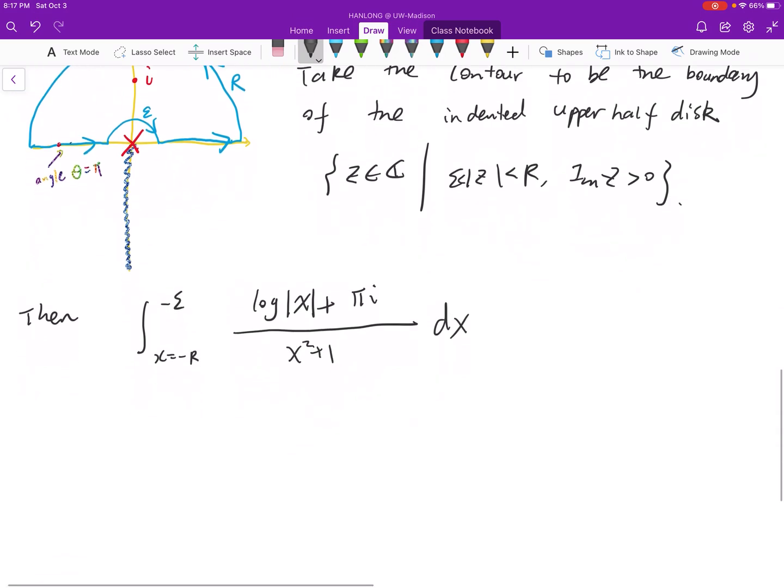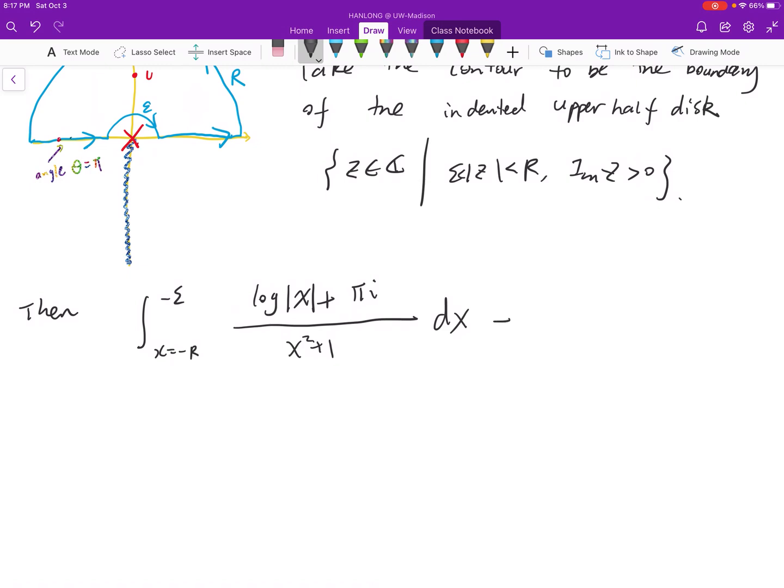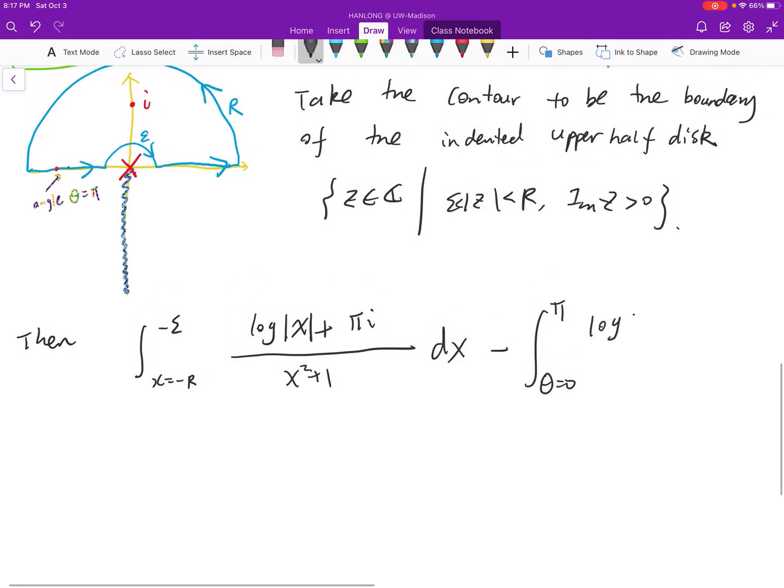x is a real number. And then you have the small semicircle part. Noted that the angle, we just use i theta to denote this. So epsilon squared e^(2i theta) plus 1, d of epsilon e^(i theta).